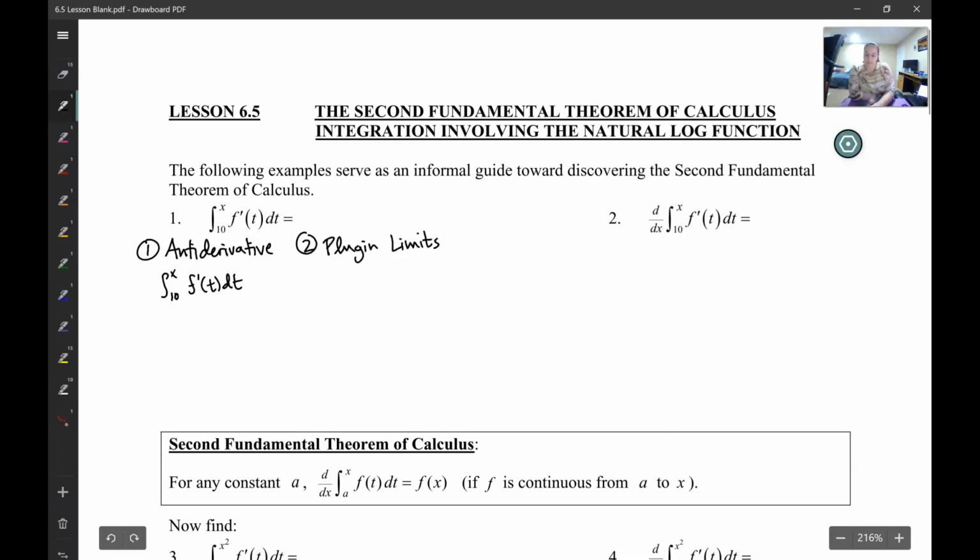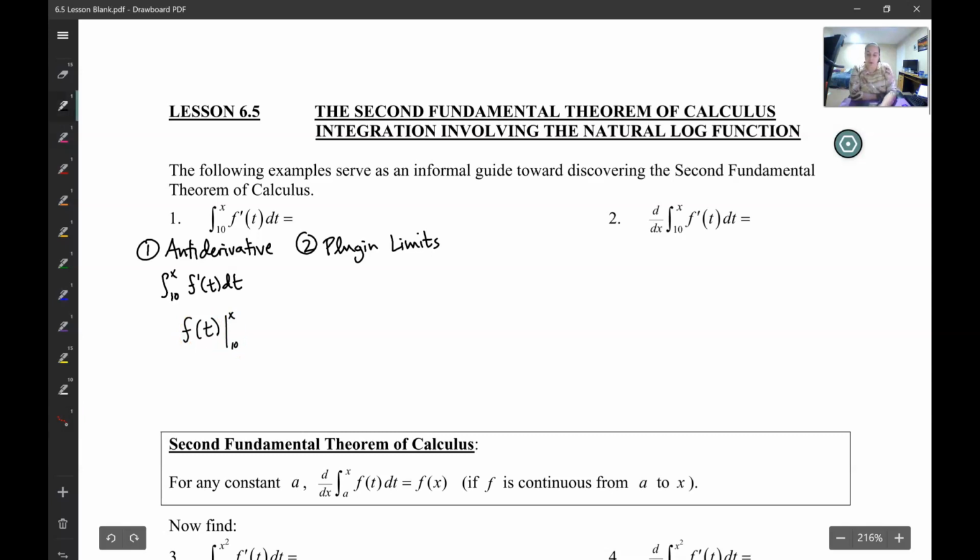Let me say that again. This is a derivative. If I want to take the antiderivative of a derivative, I end up with the original equation. They undo each other. So I have the original equation with my limits.